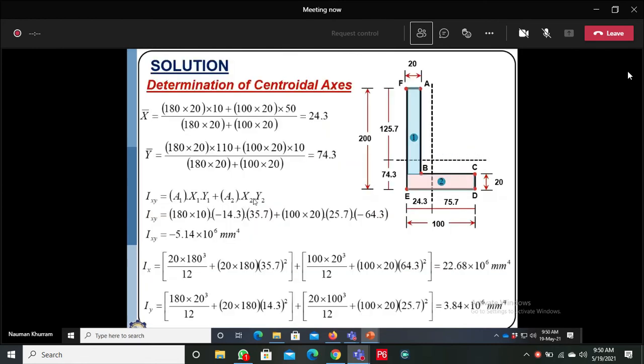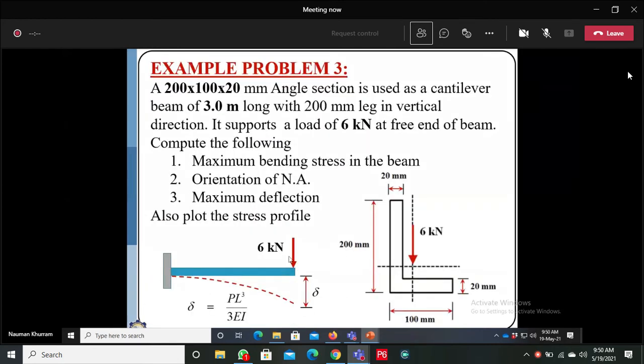Actually, we are dealing with a cantilever beam. In a cantilever beam, if the load is acting downward, the tension will be at the top surface. Moment will be maximum at the fixed end, and the top surface is undergoing tension, and the bottom surface will undergo compression. It means that opposite to the load we must have compression, and toward the loading direction we must have tension.